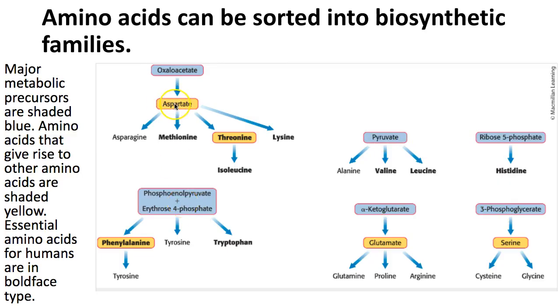The amino acids that give rise to other amino acids are highlighted in yellow right here, as you can see. And you'll also notice that the essential amino acids for humans are all bolded.